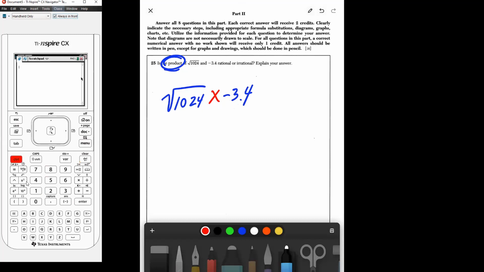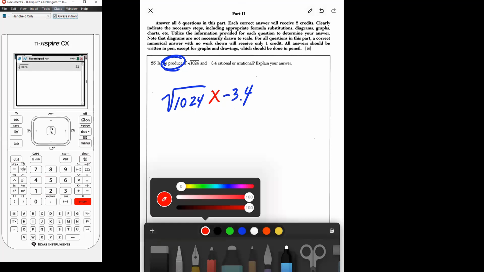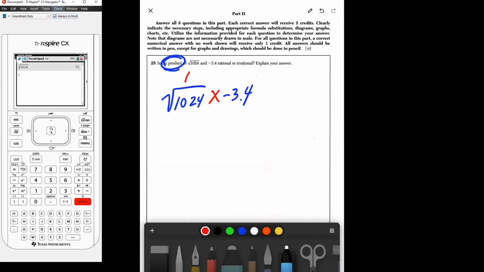So I'm just going to do the square root of 1,024, press enter. That's 32. It doesn't have any decimals. So if it doesn't have decimals, then I know this is going to be rational, period. Now, look at the next one, a negative 3.4. Well, it has a decimal, but it doesn't go on forever. So if it doesn't go on forever, then it's not irrational, which means it must be rational.